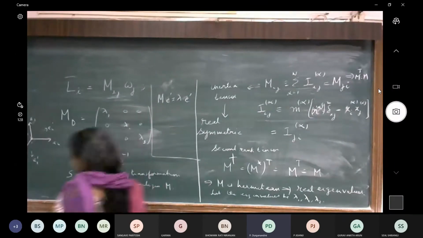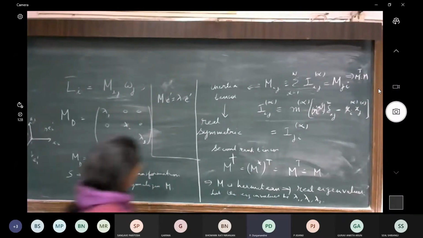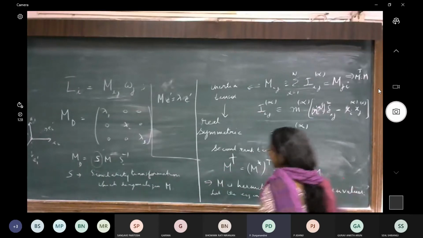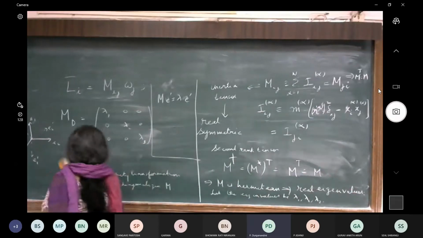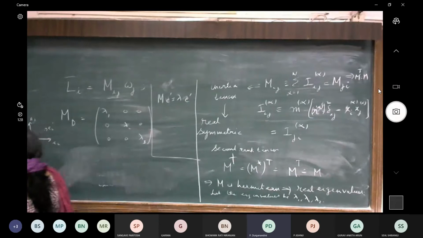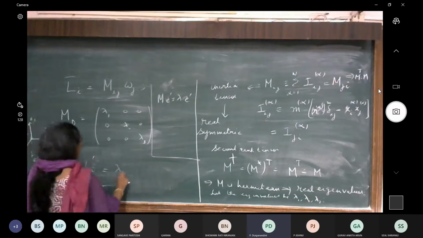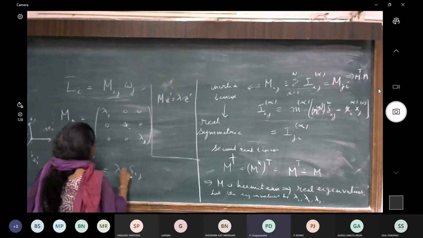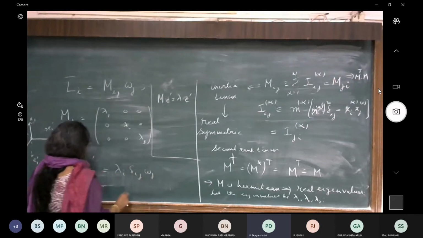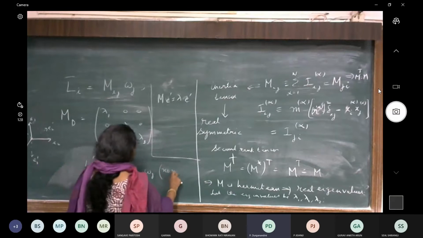So then in that case, your angular momentum simply will become, in this new basis, Li prime equal to lambda i delta ij, and here there is no summation over alpha.